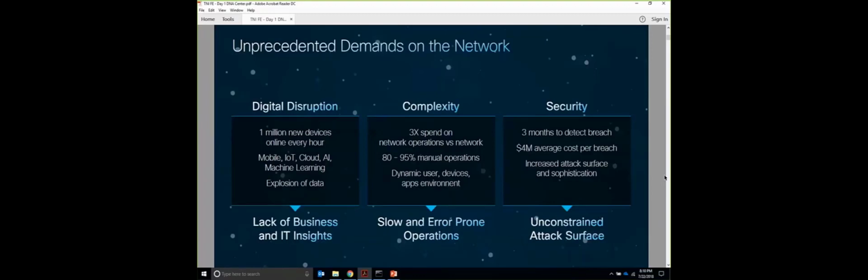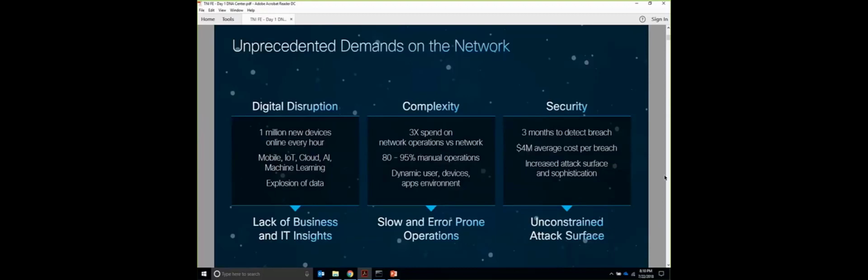And also, at the same time, the complexity of IT environment is getting more and more difficult. It's very difficult to manage. And at the same time, the security, which we cannot forget about. So there are three important elements which is driving the change, which is demanding a change in the network. One is the digital disruption, complexity, and security.